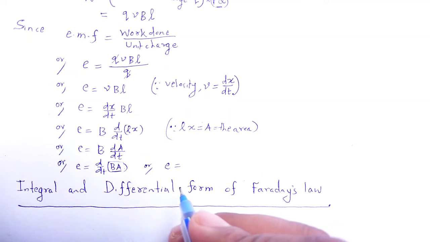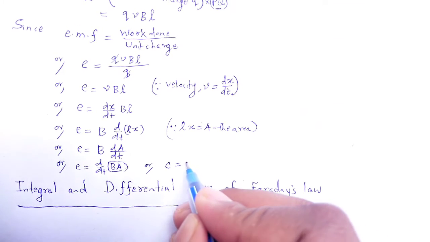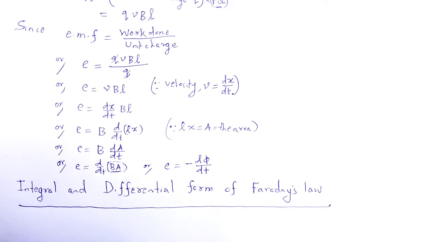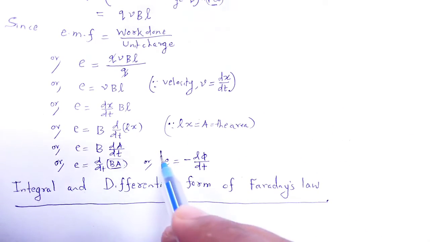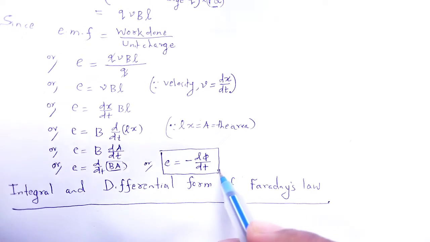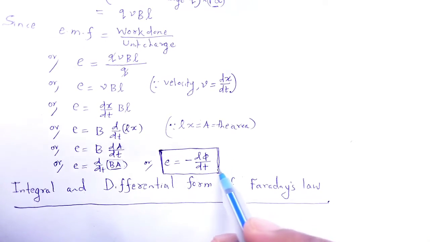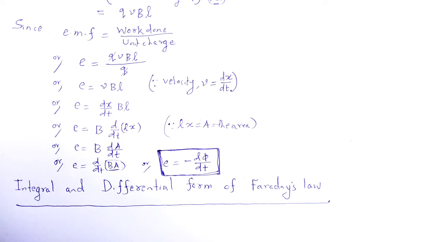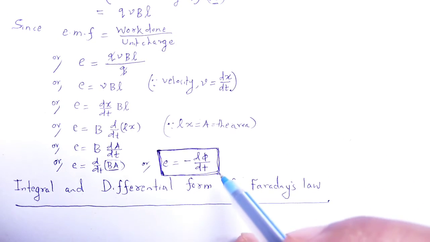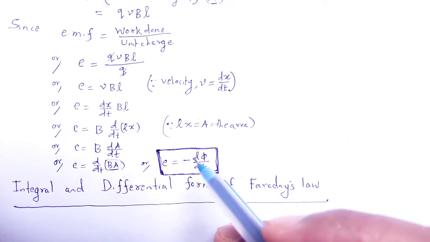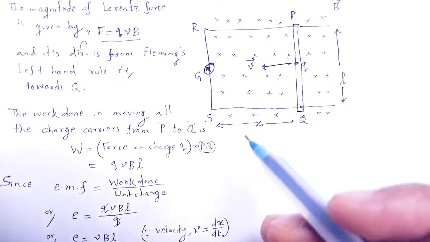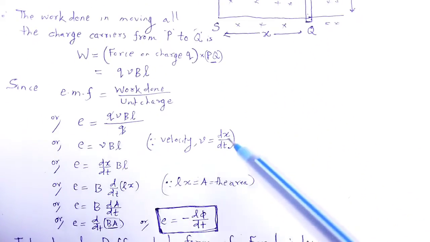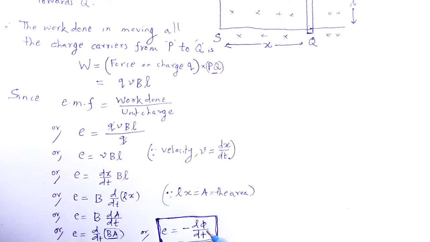So, E is equal to negative d phi by dt, that is proved, or we derived, that is Faraday's second law of electromagnetic induction. The negative sign shows the direction of the produced EMF. In this way, we derive Faraday's second law of electromagnetic induction.